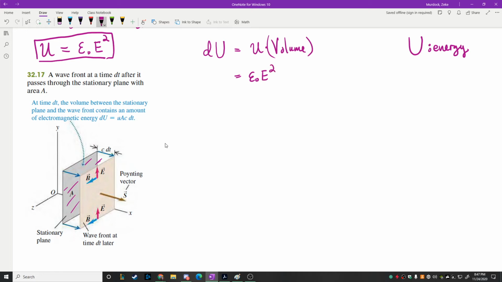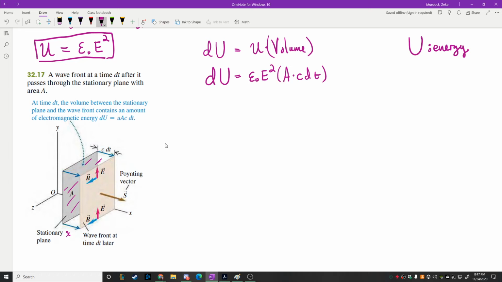But the volume is going to be the area multiplied by the distance. This distance right here, we could call it x, but in this case, it's equal to c times dt. And the reason it's equal to that is because the rate at which the wave moves is the velocity of light, and we're looking at where it is at a time dt later, right? So if I take area and I multiply by that distance that it's traveled, c dt, then I'm going to get the amount of energy that's contained there.